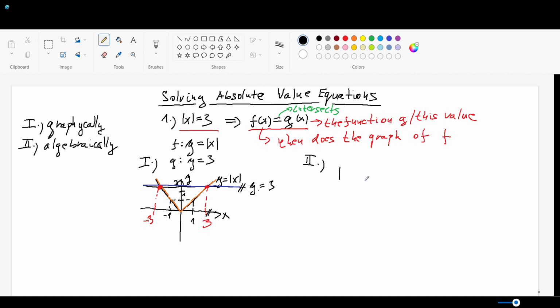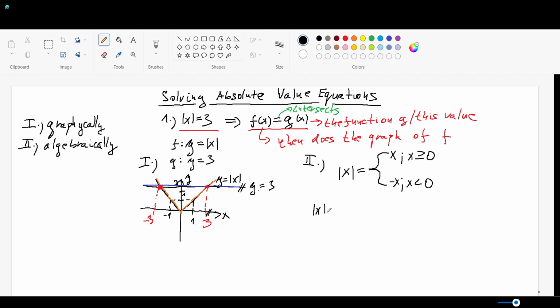As we already know, and as I have said many times, the absolute value of x is algebraically defined as equal to x if and only if x is greater than or equal to 0, or equal to -x if and only if x is less than 0. So what does it mean for us?